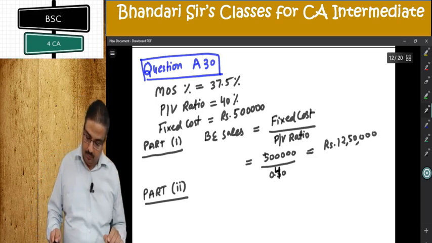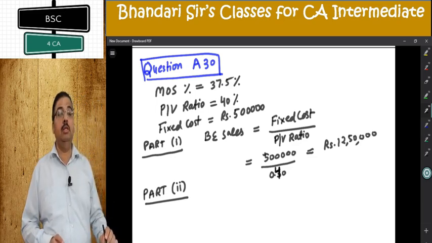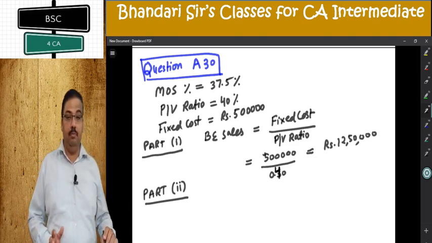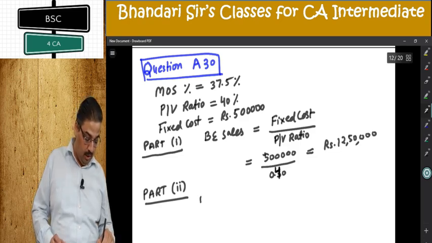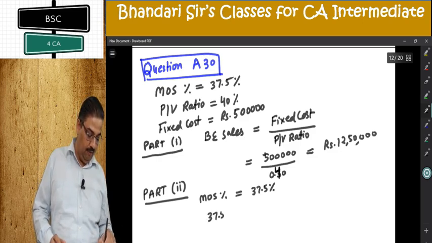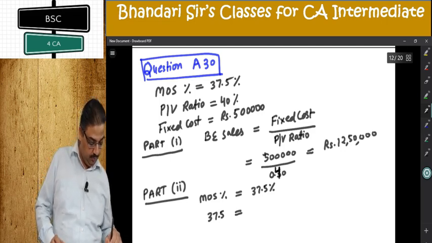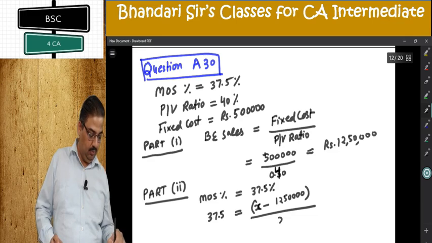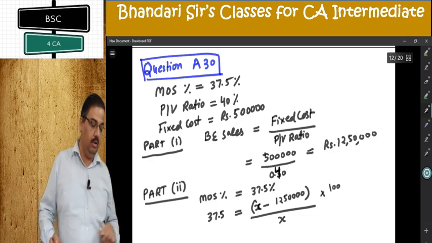Part 2. Total sales. Total sales means actual sale he wants you to calculate. So actual sale I will get from margin of safety. Margin of safety percentage 37.5%. Let actual sale be X. 37.5 is equal to X minus 12,50,000 whole divided by X into 100.